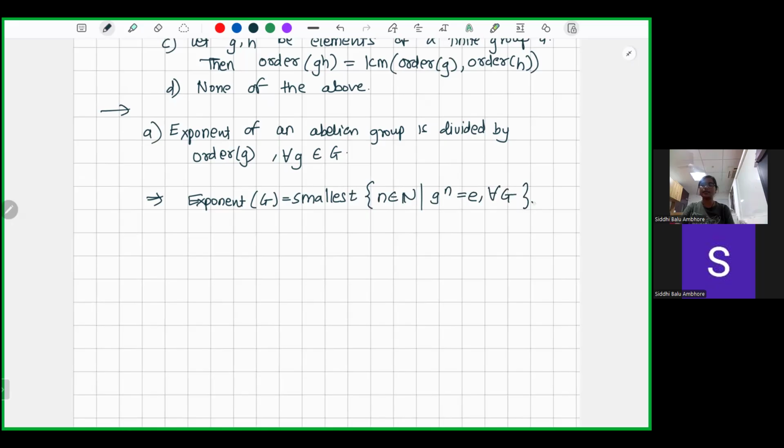And what they are asking is whether this is divisible by the order of g or not.